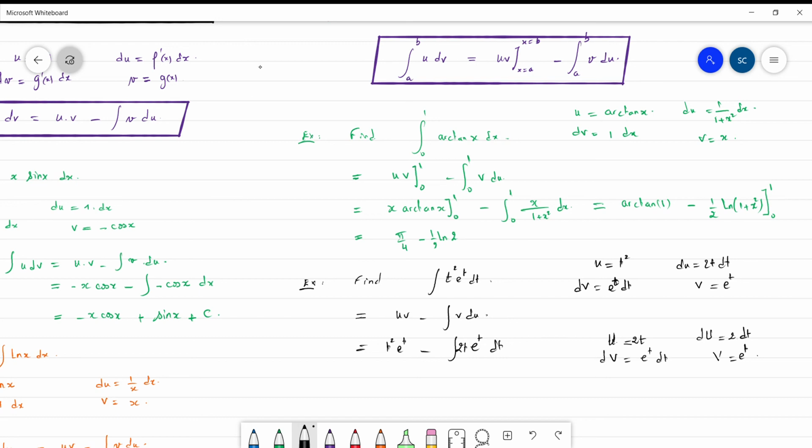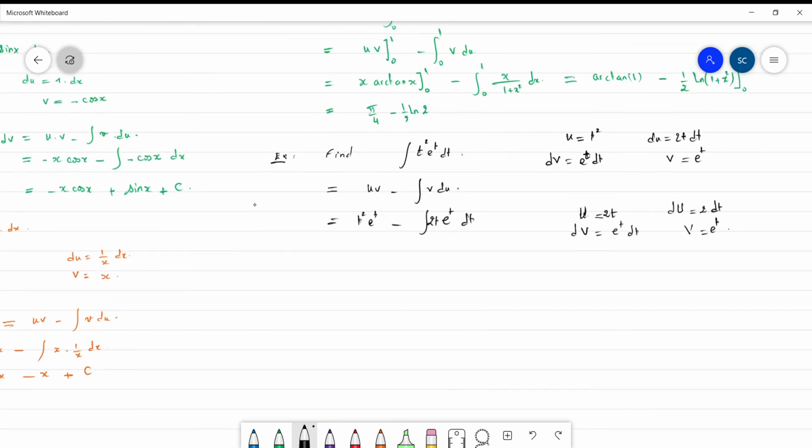Then we have t squared e^t minus uv minus v du: 2t e^t minus the integral of e^t times 2 dt.